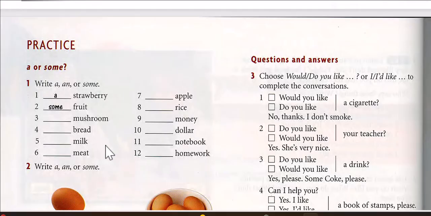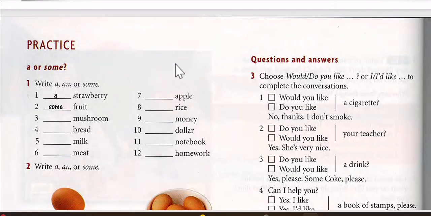So here, for the practice, you have to complete this: a, an, or some. This is to get to know singular and plural, count and uncount. A strawberry. So when you are counting things, if it is only one, we use a or an. A for consonant sounds and an for vowel sounds.